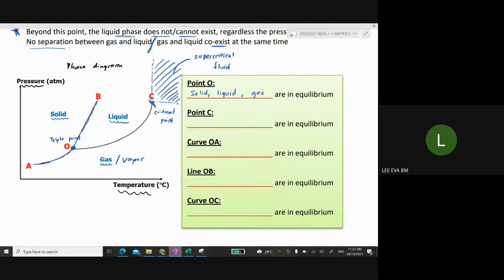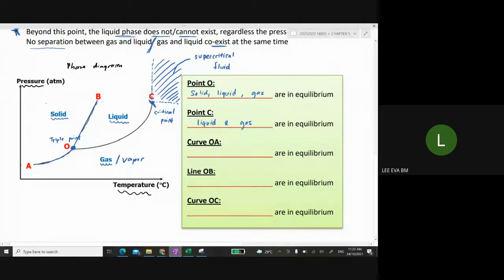How about point C? What can you find at point C? Liquid and gas. So we can say that liquid and gas are in equilibrium. Okay, or liquid and gas exist simultaneously, or liquid and gas coexist in equilibrium. Okay, so we want to find out along the side. Let's say I then give one more point.